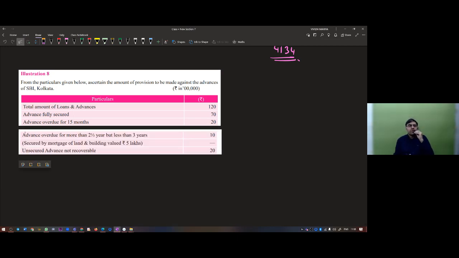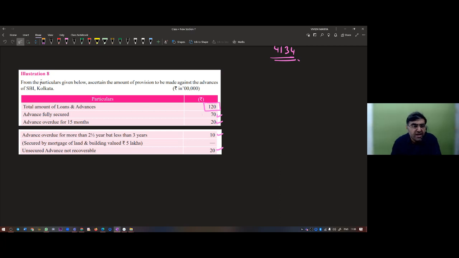Now you have to calculate the provisions. The total amount is 70, 90, 100, 120, 120. Now you have to create a provision for doubtful debts. Advance fully secured.